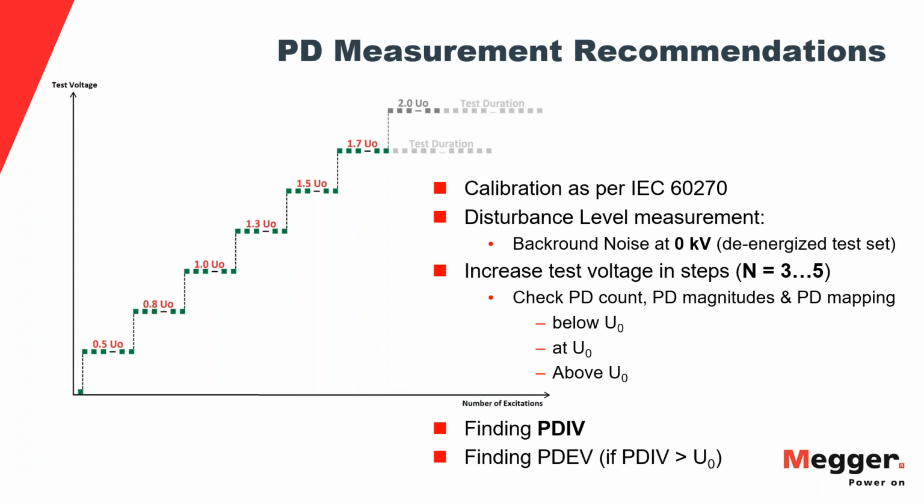The PDs are burning pretty much at any time when the cable is in operation. So the extinction voltage is important when you have inception at 1.3 or 1.5 or 1.7 U0.